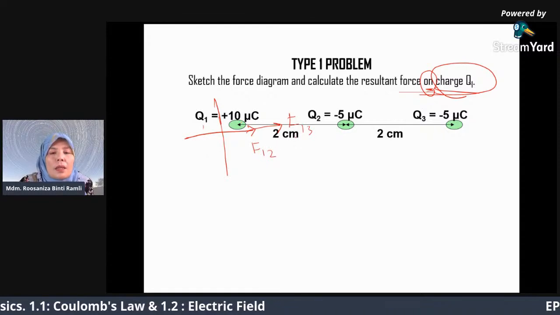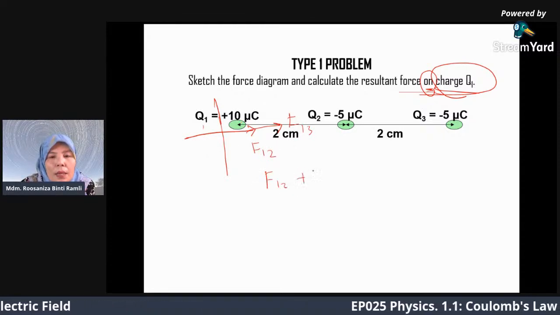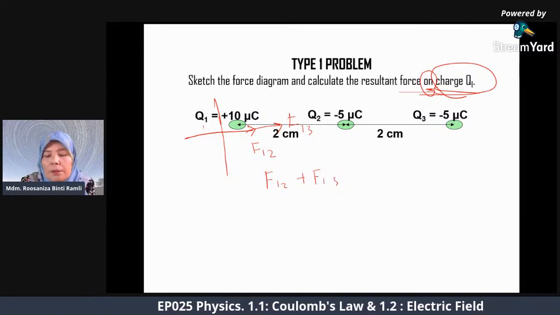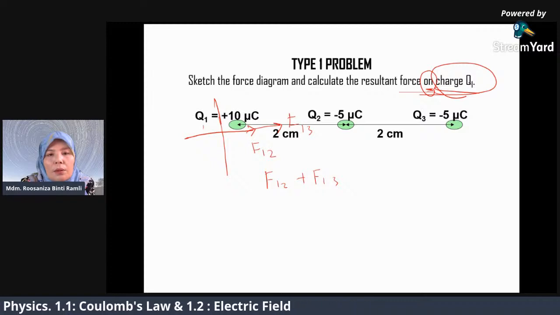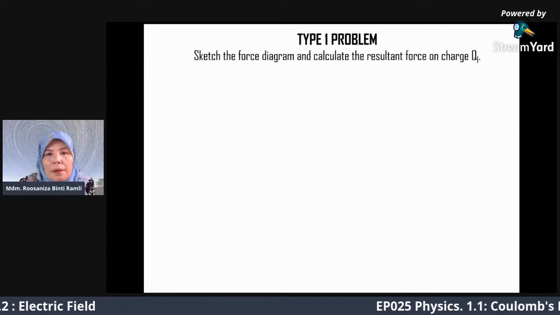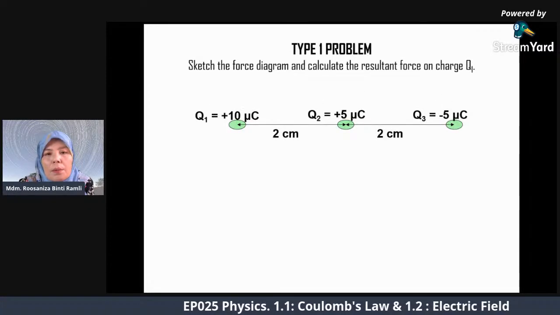This means the same direction, so F12 plus F13. This is a skill students must know. This is a type 1 problem.